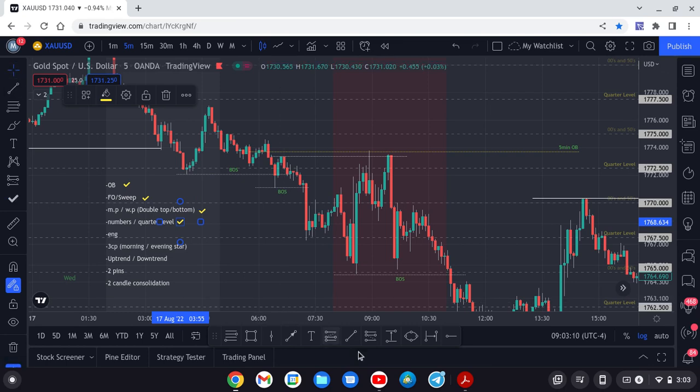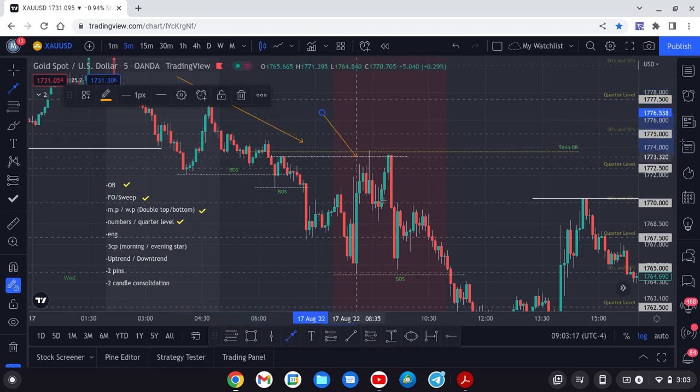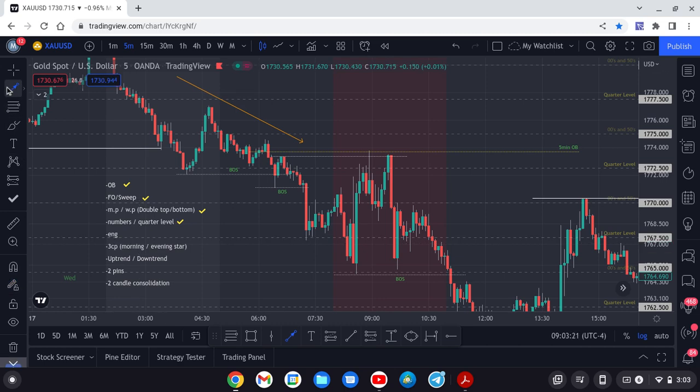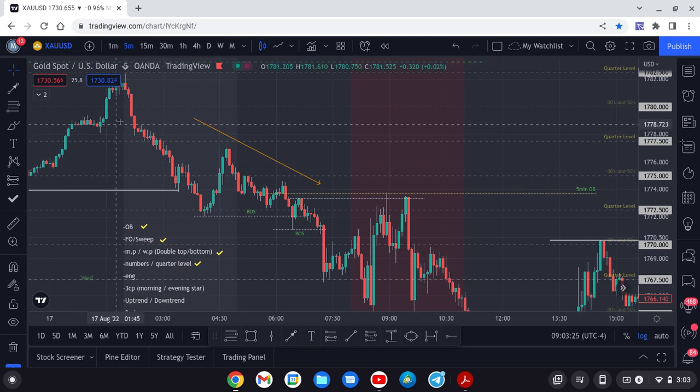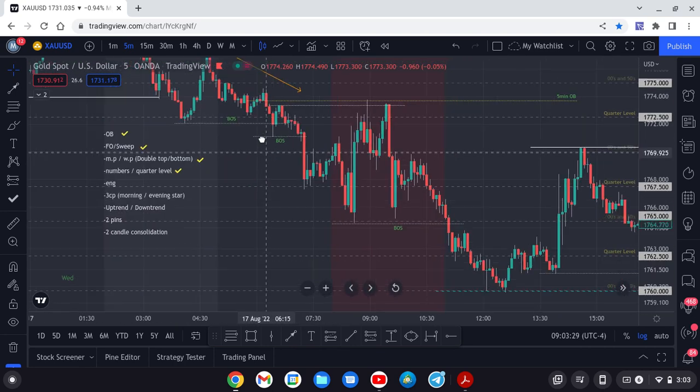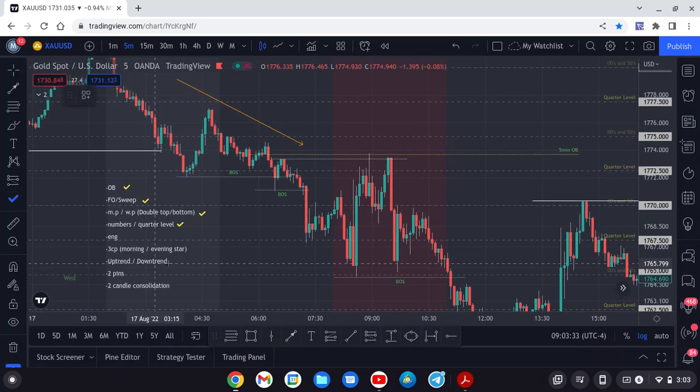And also, price is in a downtrend, making lower lows and lower highs right there. So now that becomes our fifth confirmation, which is a downtrend.